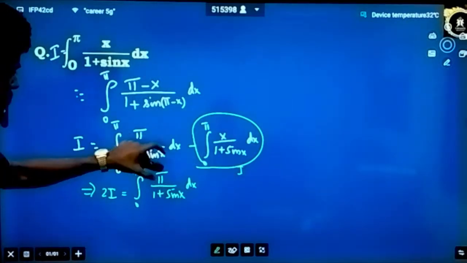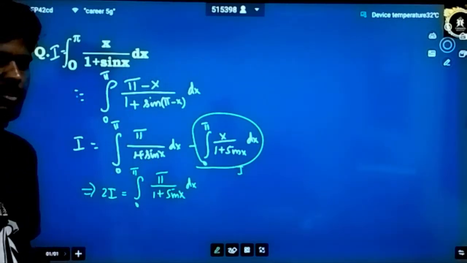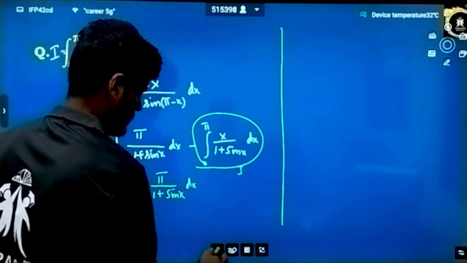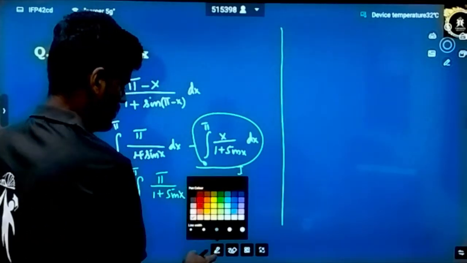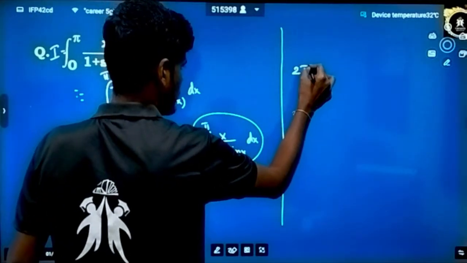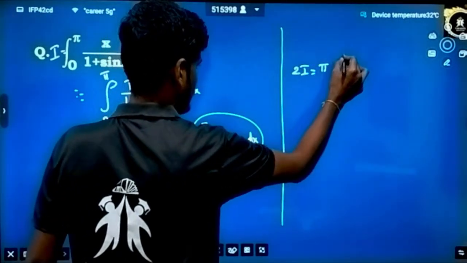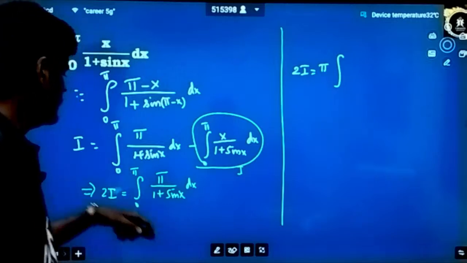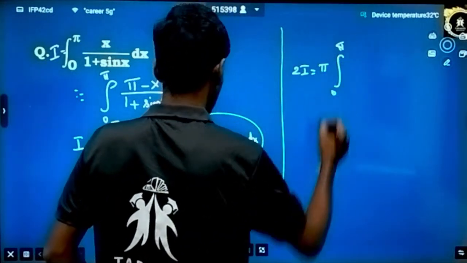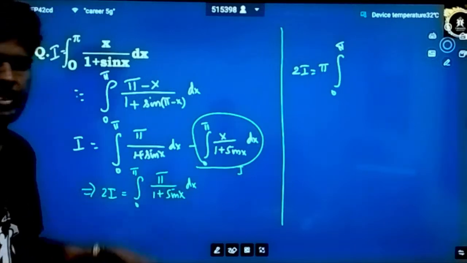Okay. Now if the function gets simplified by application of this property, what do we need to do? This integral 2I is equal to, pi is common, we can take it outside as a constant, then integral of 0 to pi of 1 by 1 plus sin x.